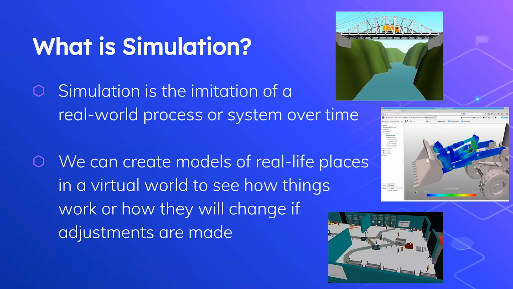In the middle, the simulation shows how much stress would be put on a piece of equipment if adjustments are made. And at the bottom, there's a plant where simulation is used to see if processes can be changed to create more items, to increase utilization or whatever your goal might be. So it can be used in a wide variety of areas.